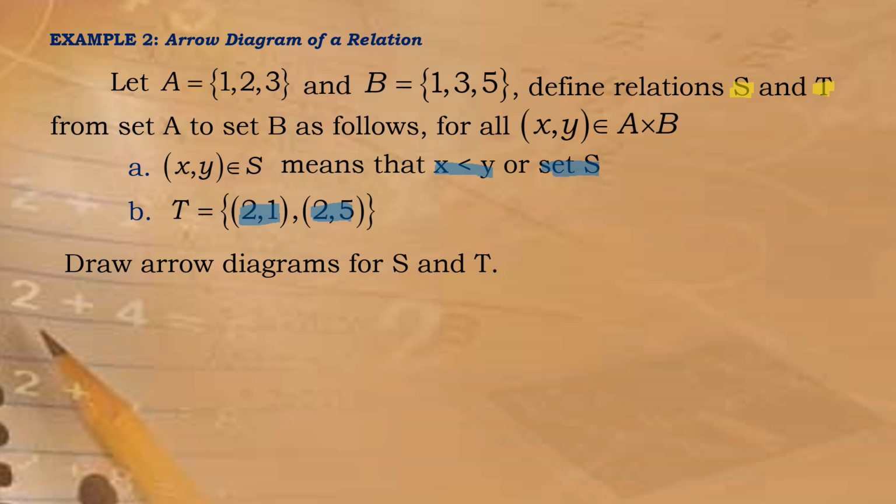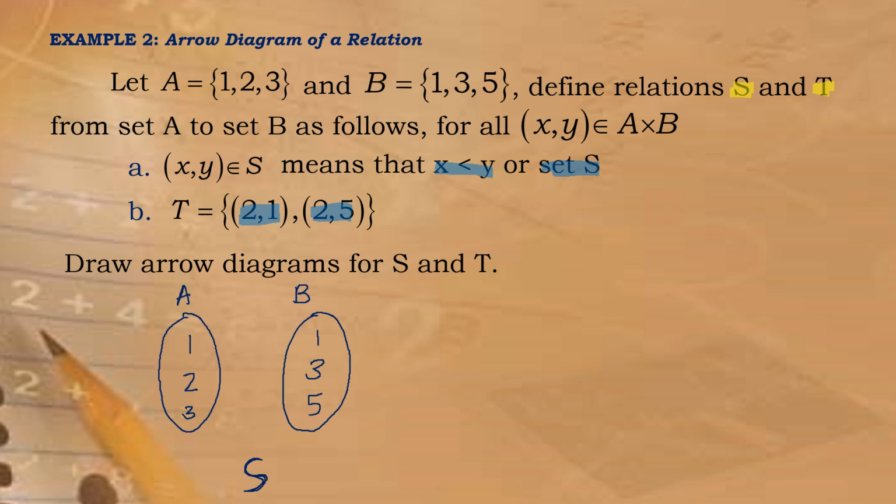relation, which is set S. So we have here set A, 1, 2, and 3. We have here set B, 1, 3, and 5. Okay? Remember that our condition should be x is less than y. So we have here (1, 3) because 1 is less than 3.